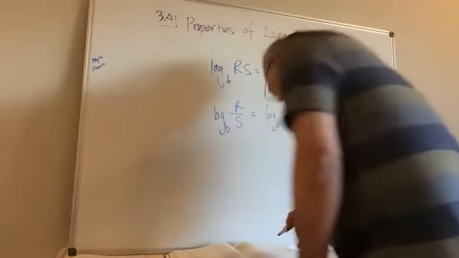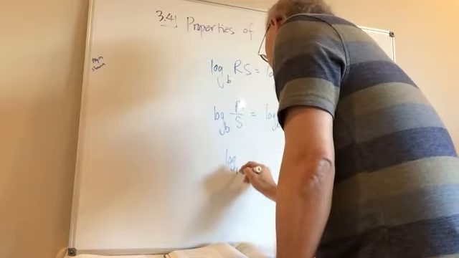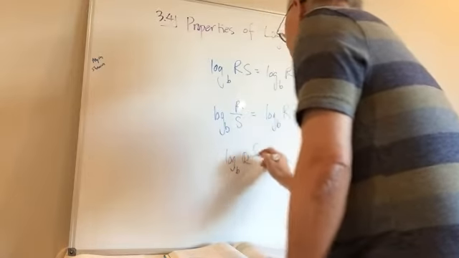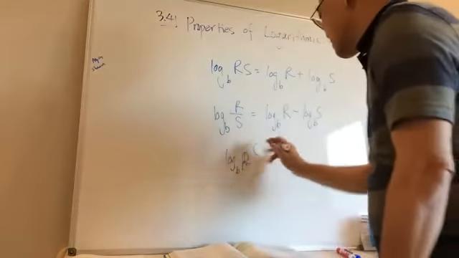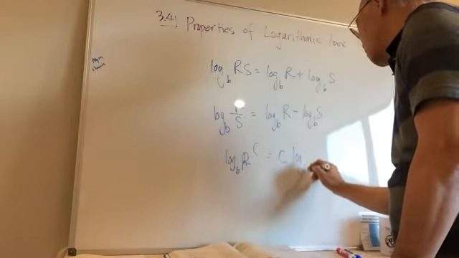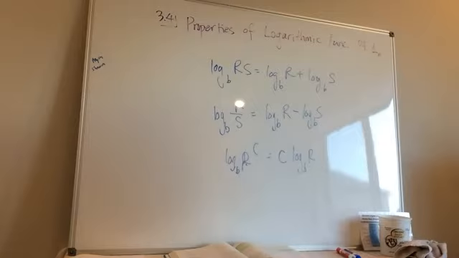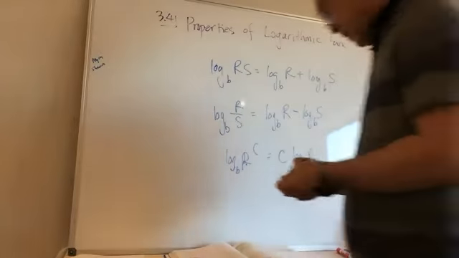And then there's the power rule, which says that log base b of r to the c, the c would go forward: c log base b of r. Pretty simple stuff, right?